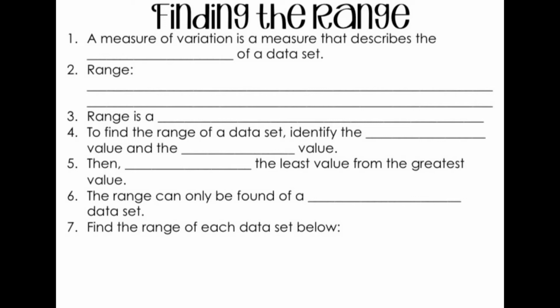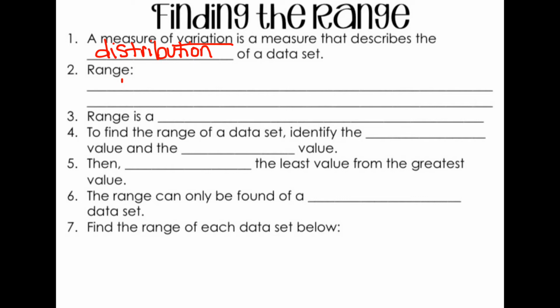The next thing that we are going to do is find the range. A measure of variation, a key word here, is a measure that describes the distribution of a data set. So the other one was a measure of central tendency. This one is a measure of variation.